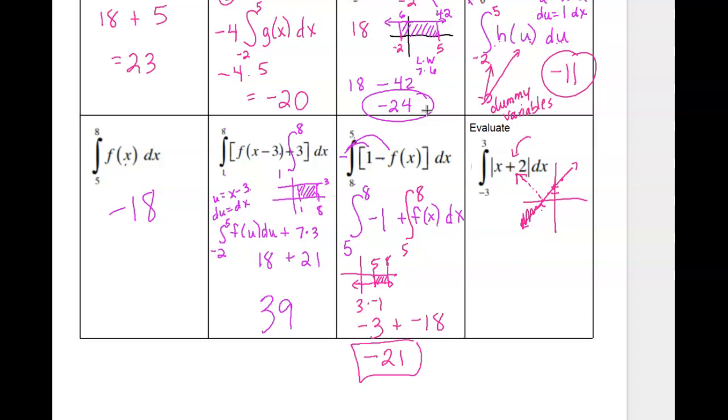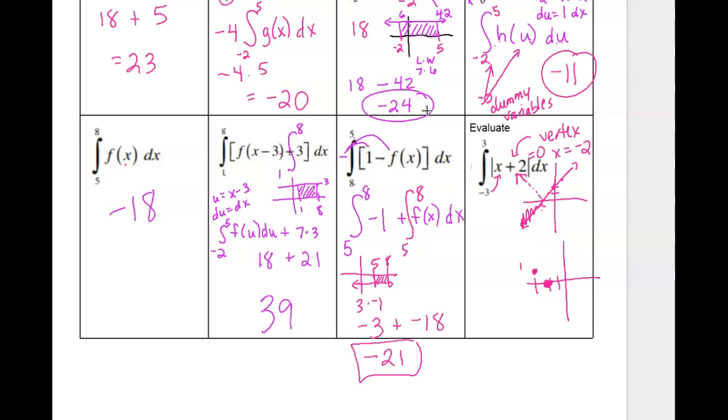Or I could find the vertex. So set this equal to 0, and that will help you find where it touches the x-axis. So subtract 2, so at x equals negative 2, I know I would have that anchor. And then you can just make a table of values. Plug in negative 3. I mean, there's so many choices for graphing. Negative 3 plus 2 is negative 1. The absolute value is positive 1.